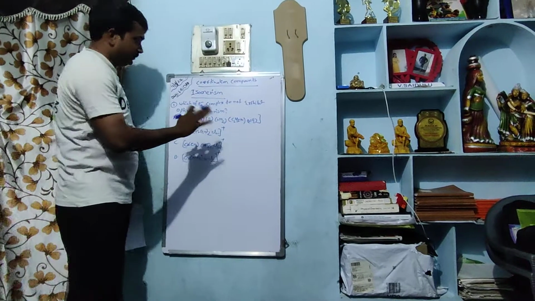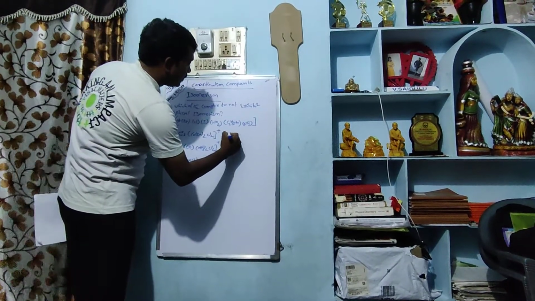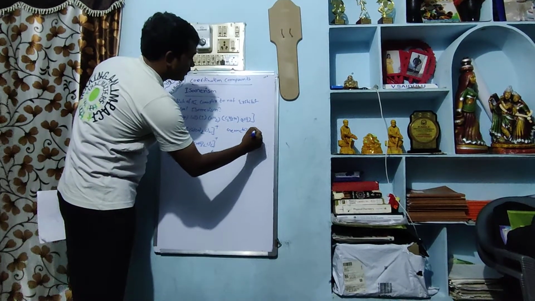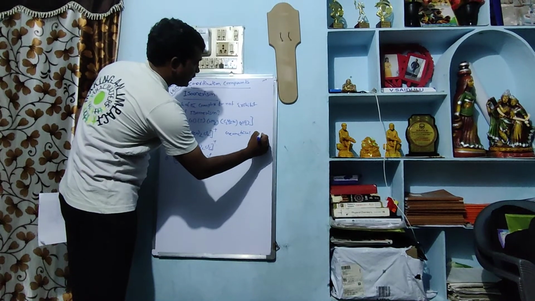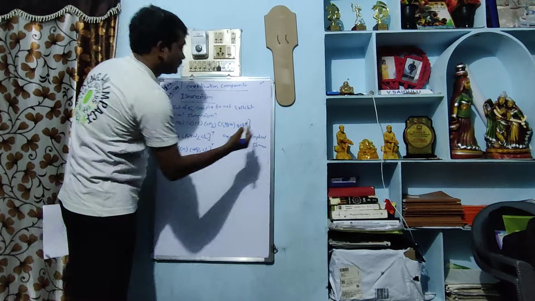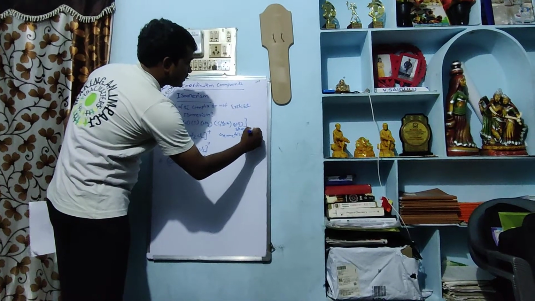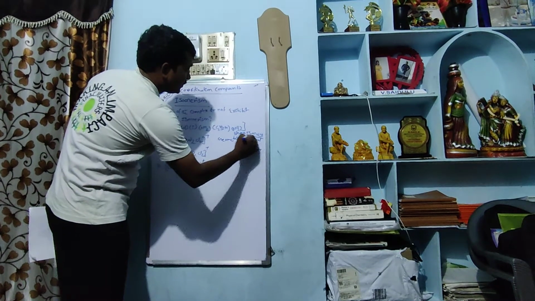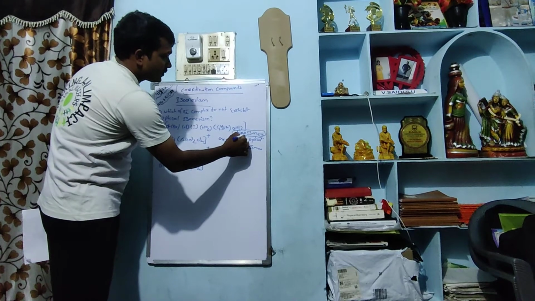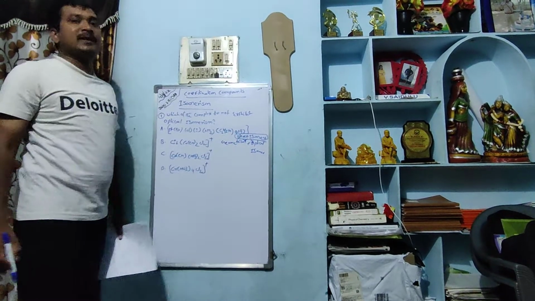What is optical isomerism? If you take isomerism, one is geometrical, next one is optical. These are stereoisomers. In stereoisomers we have to consider both geometrical isomerism as well as optical isomerism.